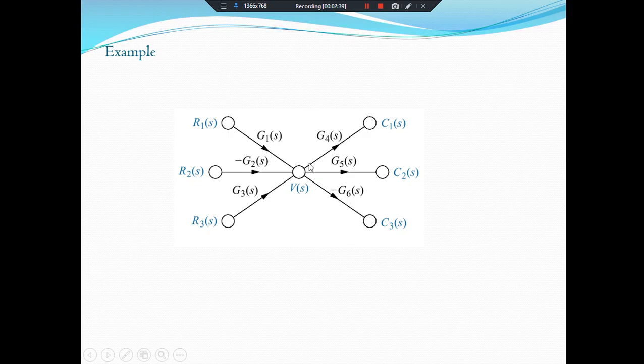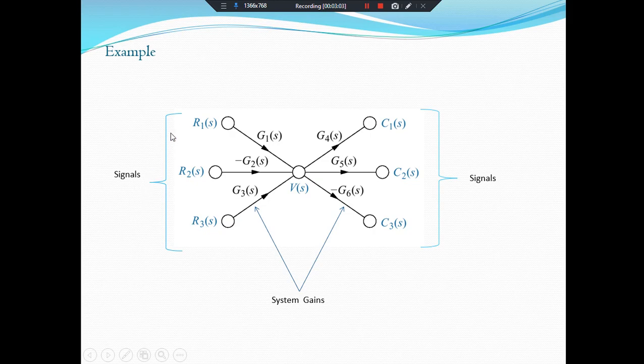Now we will write the outputs C1(s), C2(s), and C3(s). Basically R1, R2 and R3 are the inputs of the system, and C1, C2 and C3 are the outputs of this system. So we will write the equations of this.